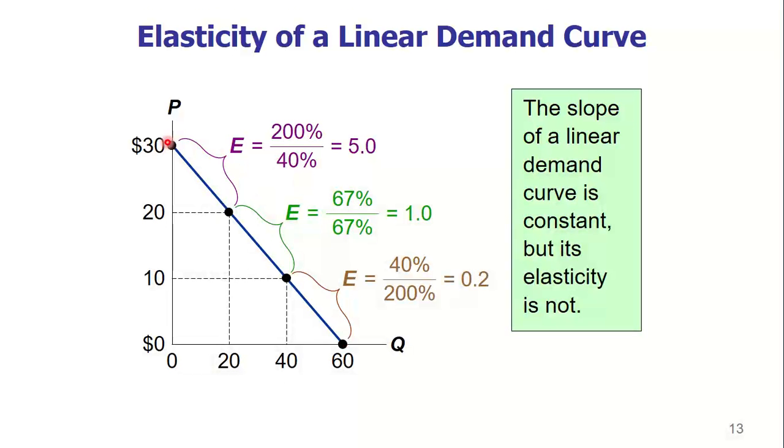So here from this point to this point, the elasticity is 5, and from this point to this point, elasticity is 1. That is, you can say unit elastic, and from this point to this point, elasticity is equal to 0.2.